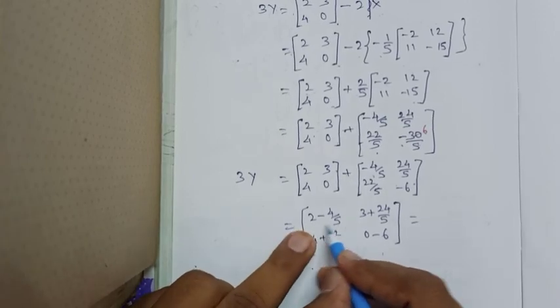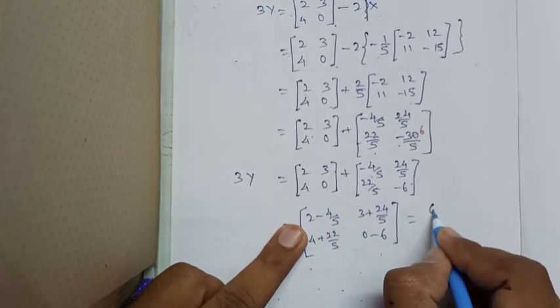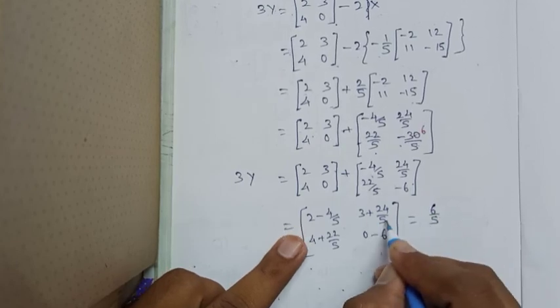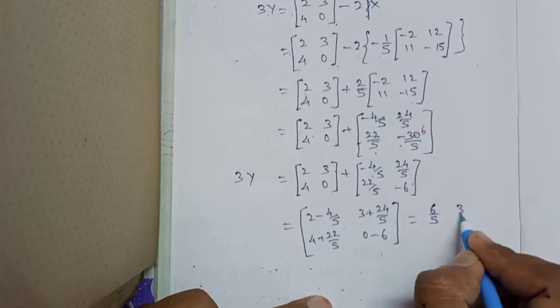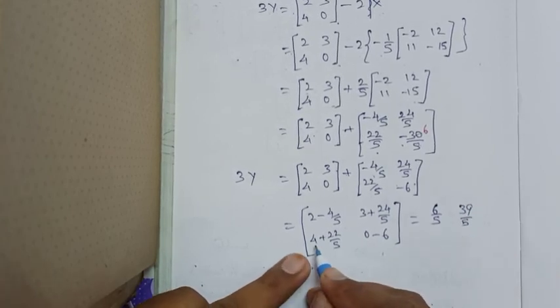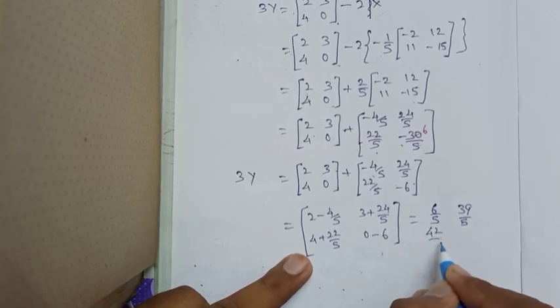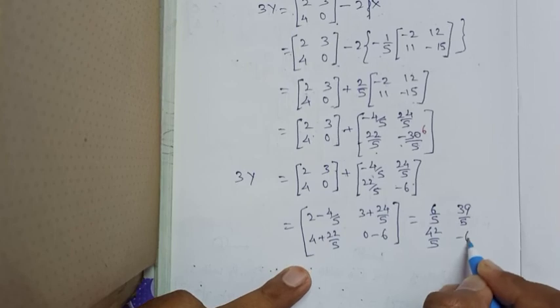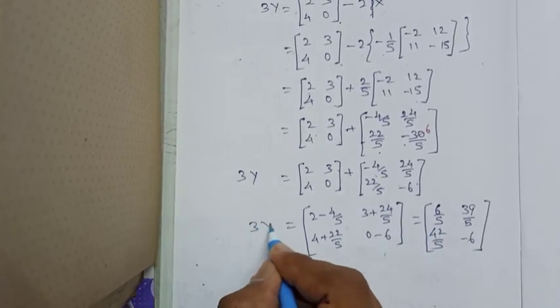The sum value: 5 2s are 10, 10 minus 4 is 6 divided by 5. 5 3s are 15, 15 plus 24 is 39 divided by 5. 5 4s are 20, 20 plus 22 is 42 divided by 5. 0 minus 6 we get minus 6. This is the value of 3y.